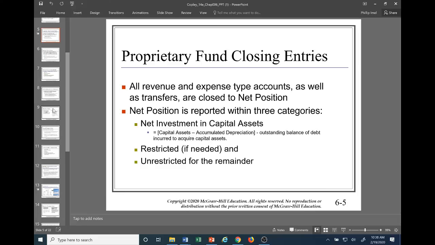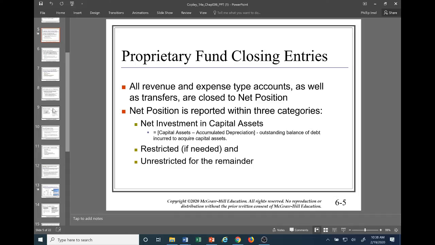Well, for governmental purposes, for net position, for net investment in capital assets, we have capital assets cost minus accumulated depreciation, and then minus the outstanding balance of debt incurred to purchase those capital assets. If you recall from chapter 2, when we were building, we showed the example of the statement of revenues and expenses and changes in net position, or fund net position.